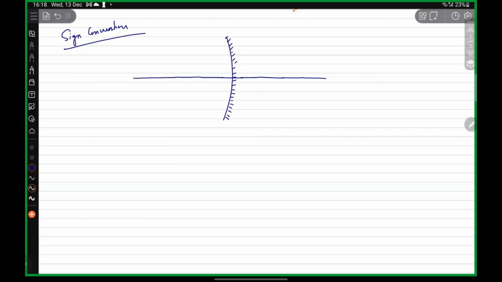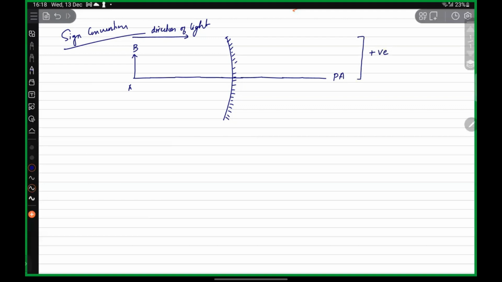So let's say this is my object AB, and I assume that light is coming from here. This is the direction of light. Obviously, when my object is here, the direction of light will be along this, right? So this is the principal axis. Anything in the upper half of the principal axis is considered to be positive.